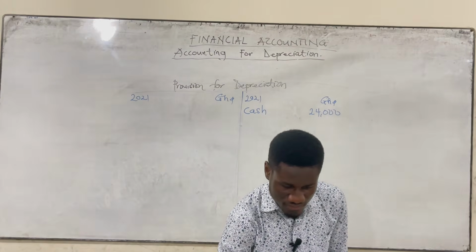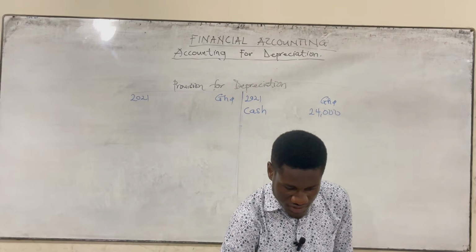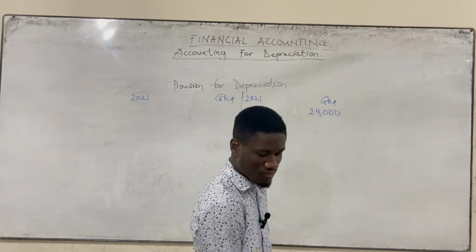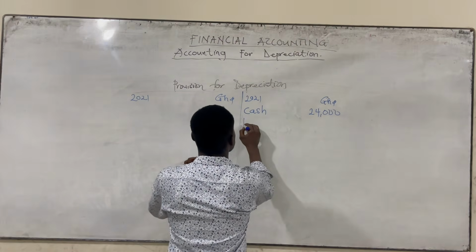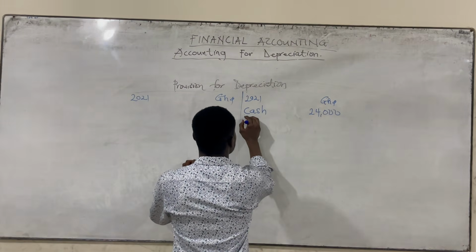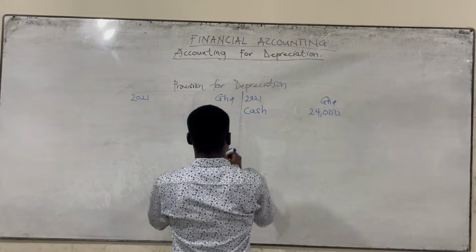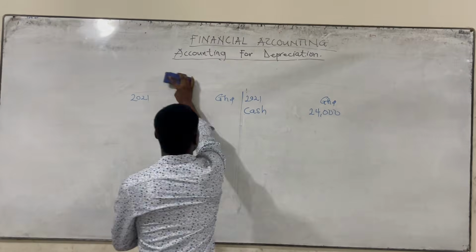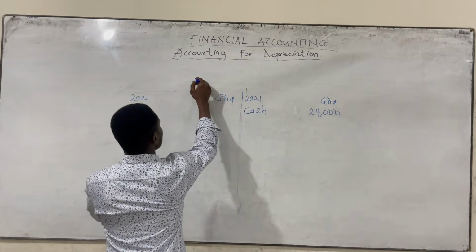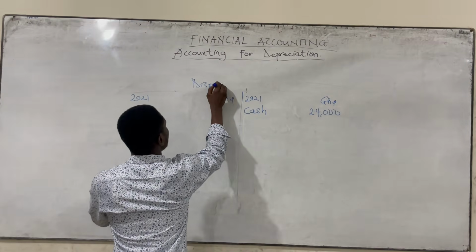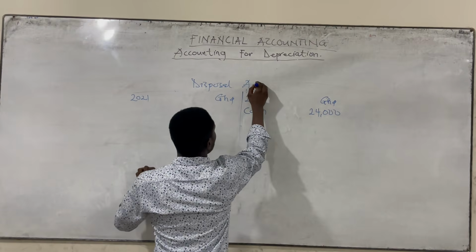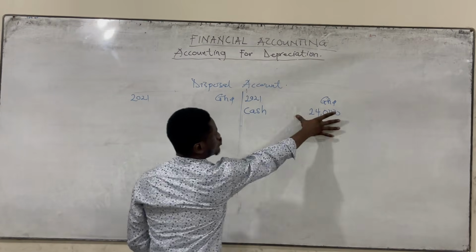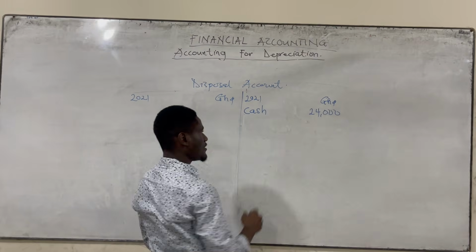Good. Then we have our provision for depreciation. Sorry, this is the disposal account, not provision for depreciation. So our disposal account. The actual amount we sold the assets for is here.